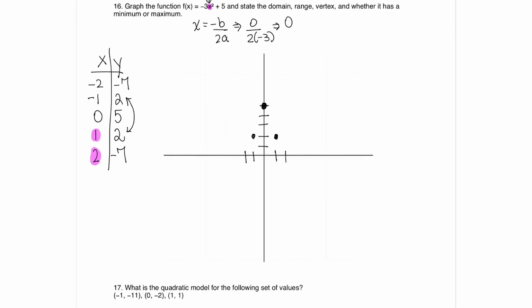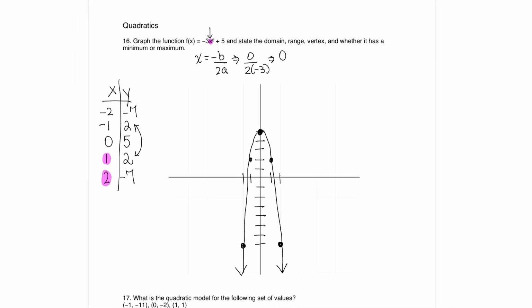So we can go over to 2 and down to -7, and then -2, -7. So this is what our graph is going to look like. It's a much skinnier version. Yikes, that did not work the way I wanted it to. Here we go. It's a much skinnier version of our parent function of a parabola.